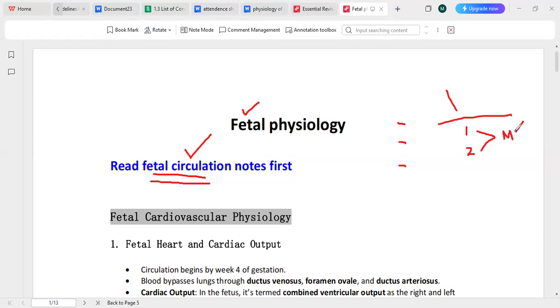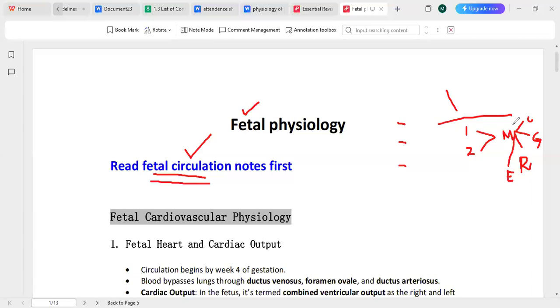I have shared very brief and concise notes about CVS changes in pregnancy, GI changes in pregnancy, respiratory changes in pregnancy, and which is reduced, which is increased and which remains the same during pregnancy. Endocrinology during pregnancy we have already shared, and I have shared that very important topic: what are the changes occurring in the mother going through a pregnancy.